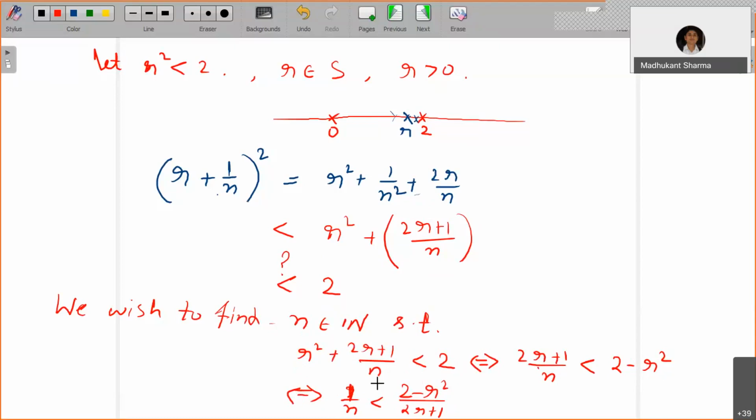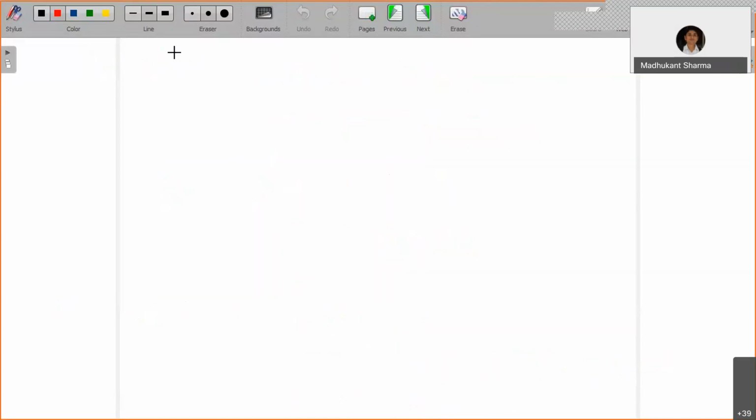Whether such an n exists or not, we have to make some guarantee here. Now our goal is to establish this.